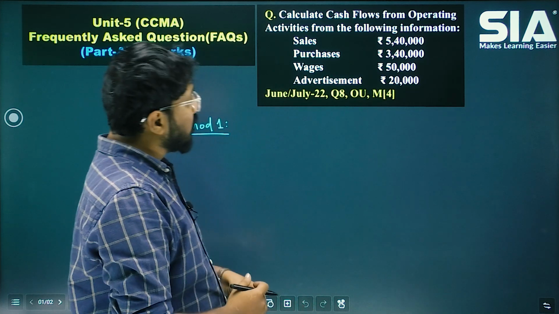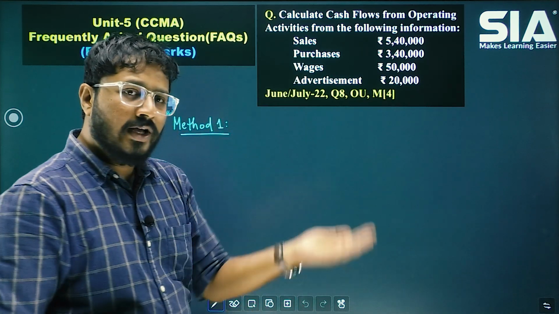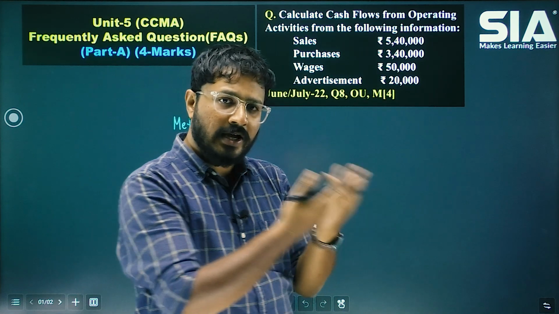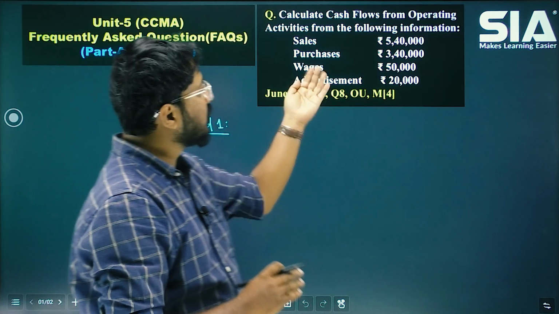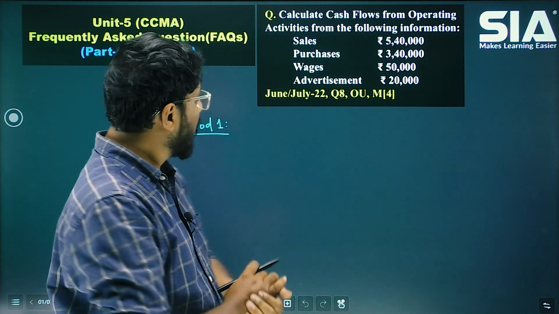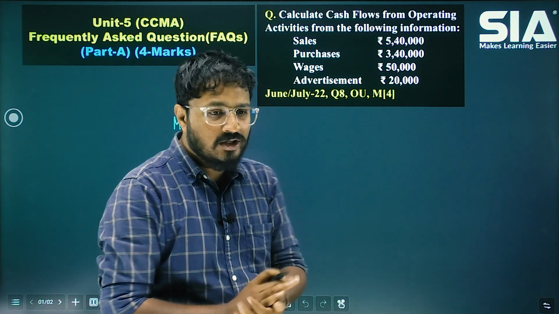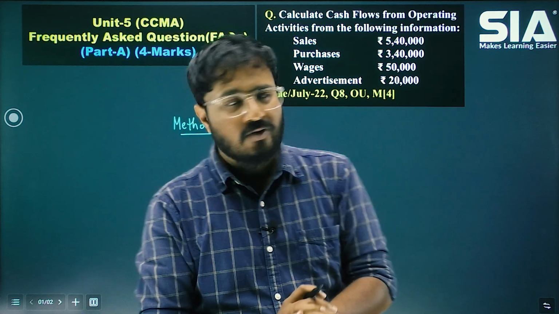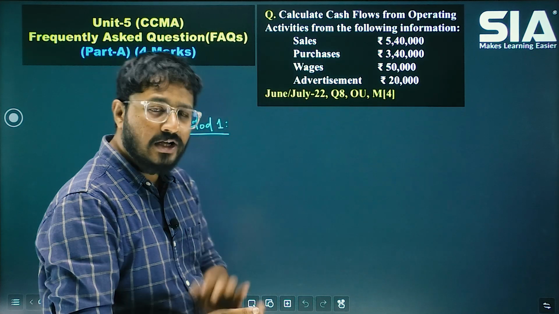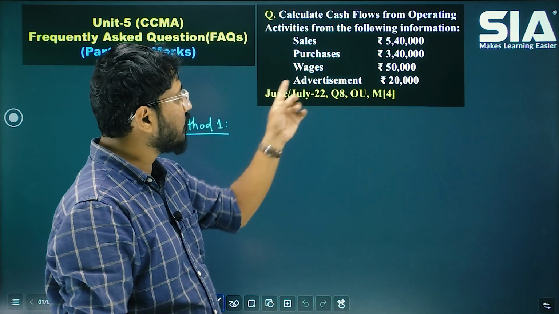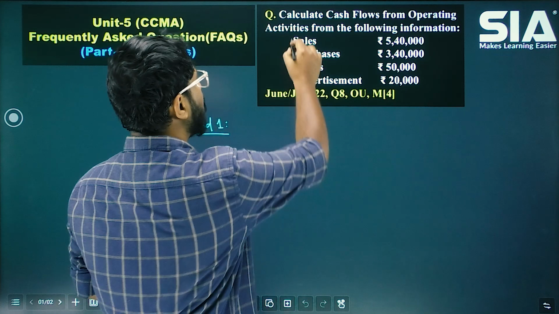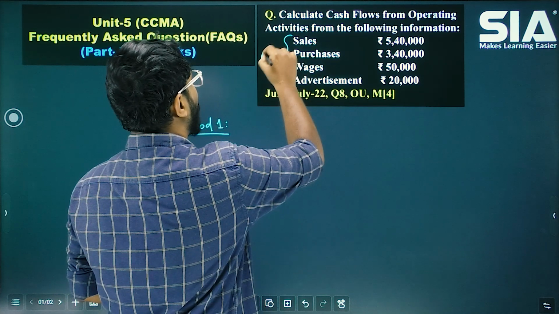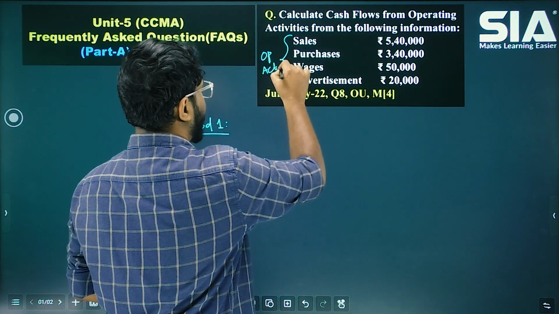Sales will give you cash, so sales will result in cash inflow. Purchases will result in cash outflow. Wages and advertisement are all operating expenses. Whatever items you are seeing on the screen, sales, purchases, wages, advertisement, these are all your operating activity items.